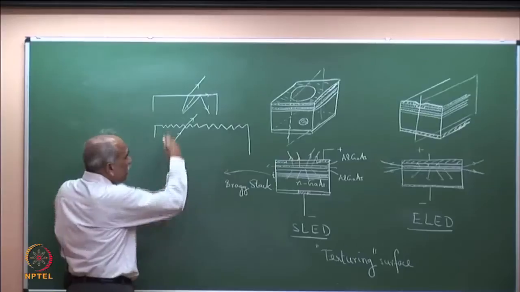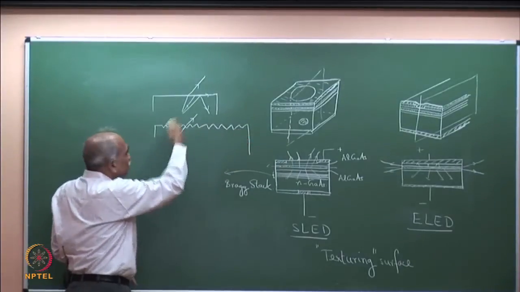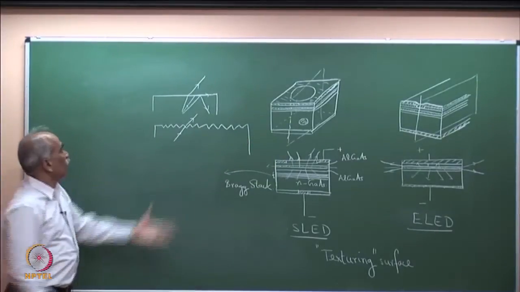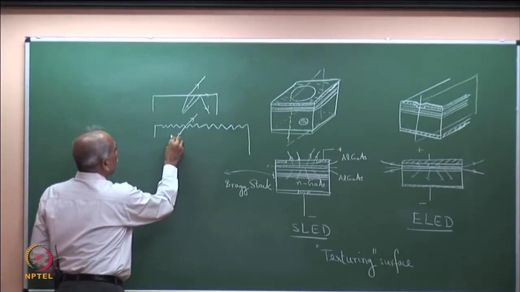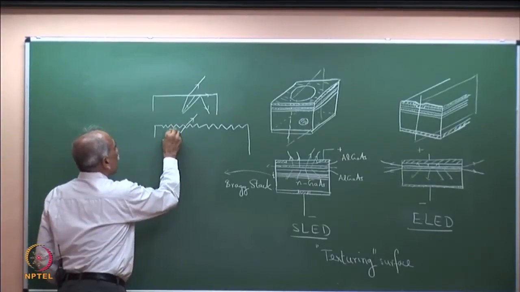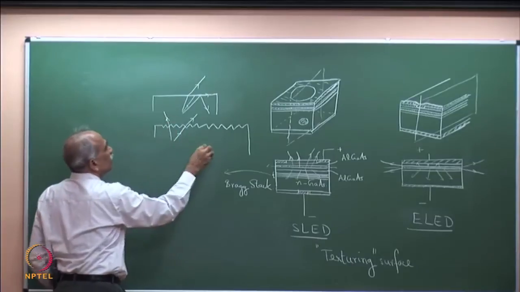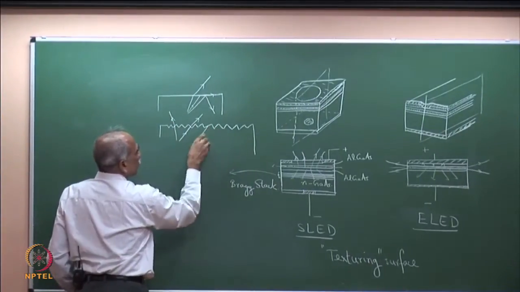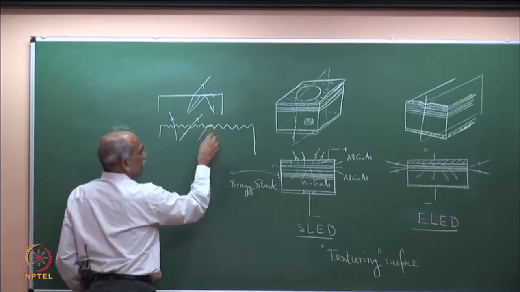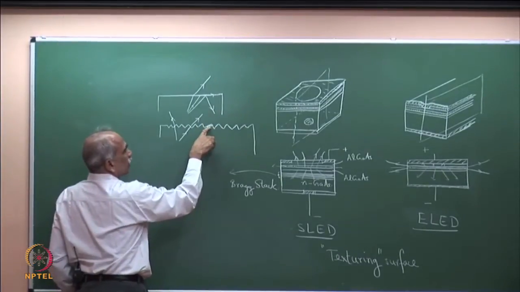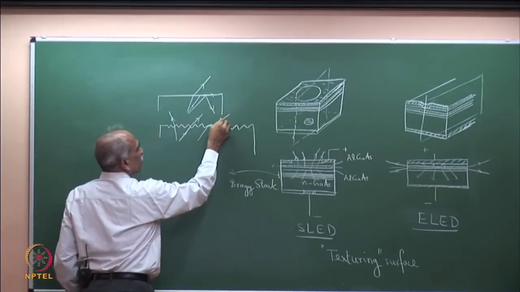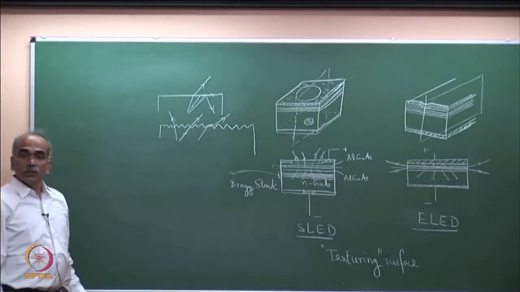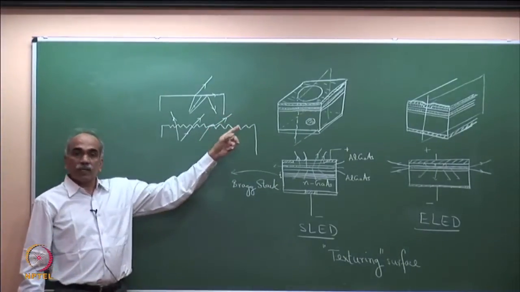Because of the nature of the surface, because of the corrugations in the surface, most of the light will get scattered and pass through. So, you could have light passing very easily through such a substrate. For example, this particular ray may get reflected here, it may undergo total internal reflection here, but from here it will come out.